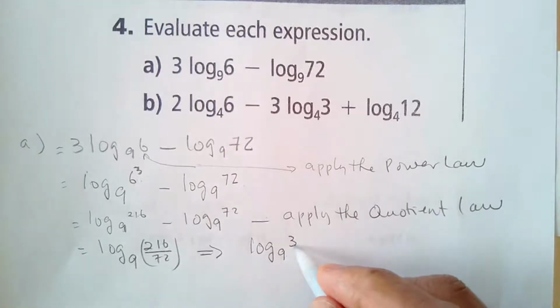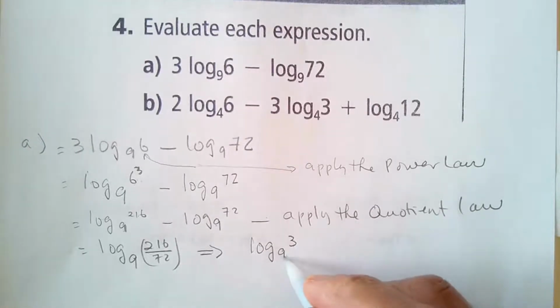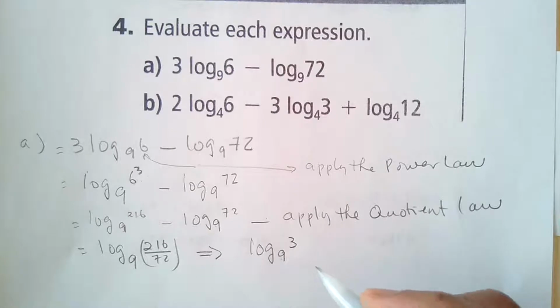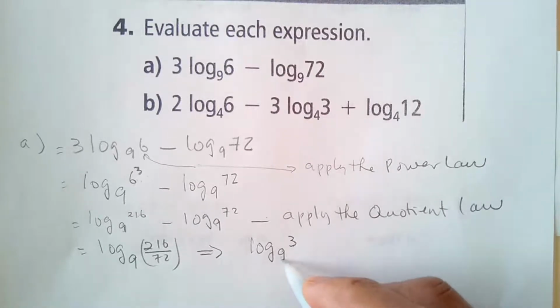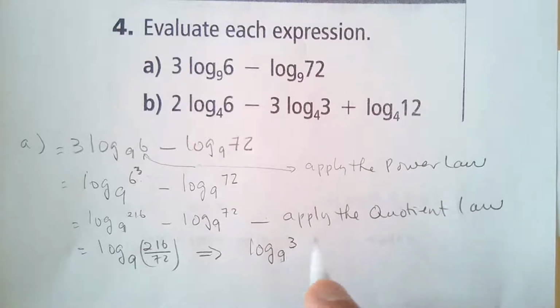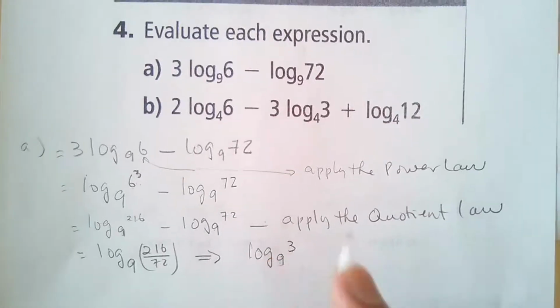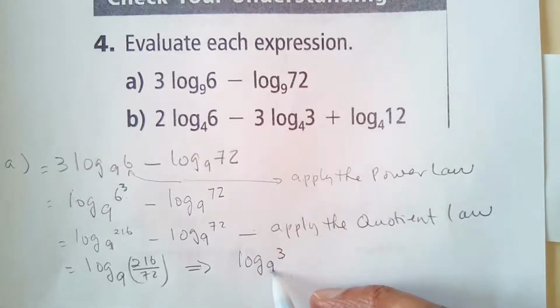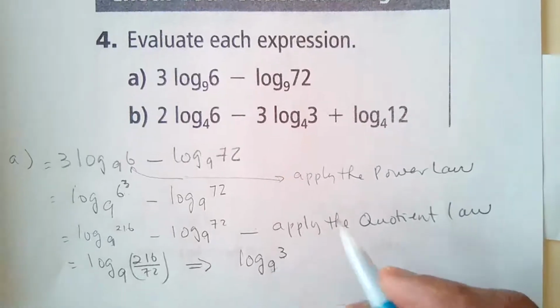So we need to convert the 3 into a 9. Write 3 as 9, so have the 3 the same as the base. So we want to write 3 as a power of 9.